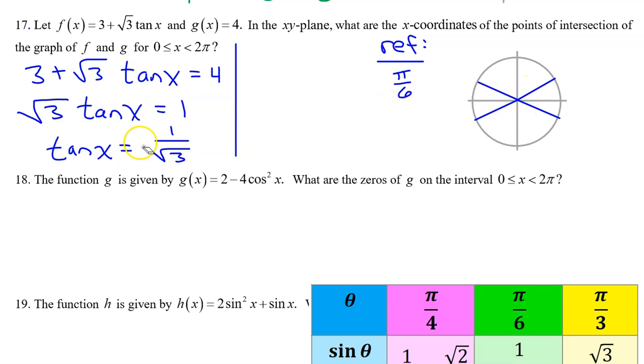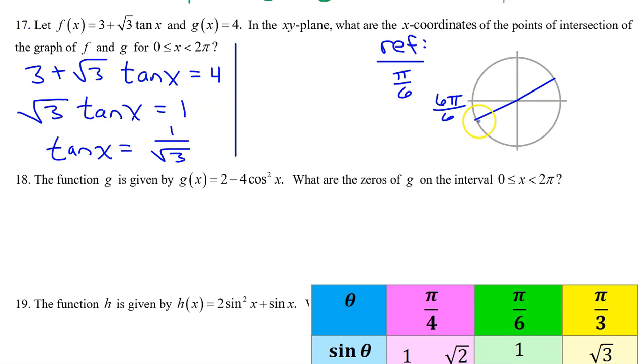We know tangent to be the slope of the terminal side. And since we want tangent to equal positive 1 over radical 3, we will stick to quadrants 1 and 3, where the slope and thus the tangent function will be positive. We can think of pi as 6 pi over 6.